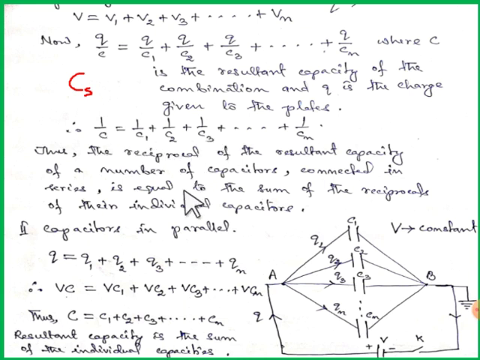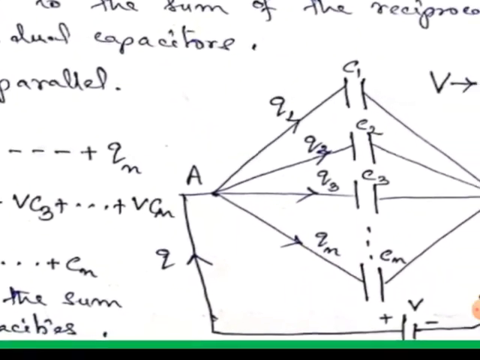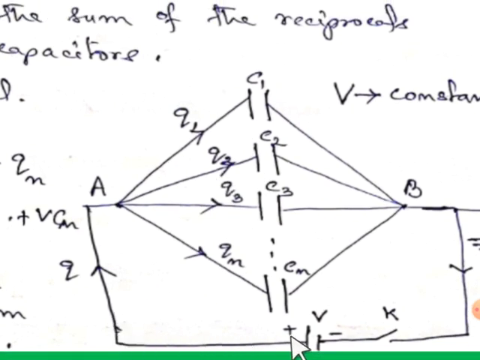Now let's go quickly to the capacitors connected in parallel. The peculiar property of parallel combination is that in each of these capacitors the amount of charge stored will be different, because if Q amount of charge is sent out from this source of EMF or battery or cell, as the capacitors have different capacitances, they will store different charges.